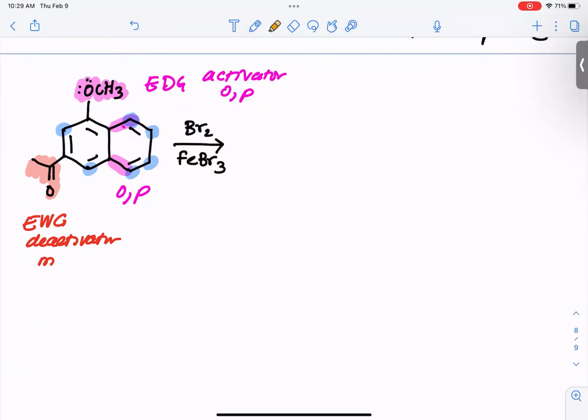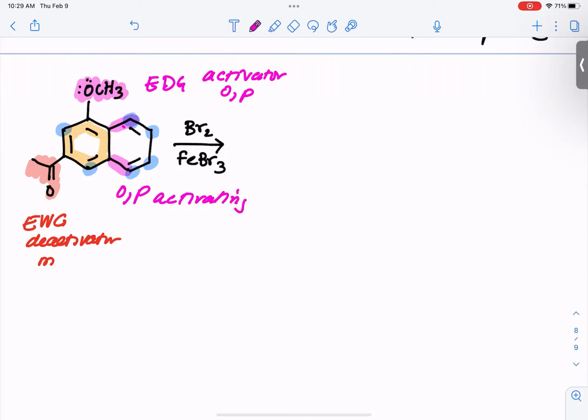The ring that I'm going to highlight in orange here with the methoxy group is more reactive than the other benzene ring. All right, just by nature of having that methoxy substituent there and the benzene ring there. Okay, I know I didn't put down activation for the benzene ring, right? But again, you can push pi electrons in, so we'll say it's activating.